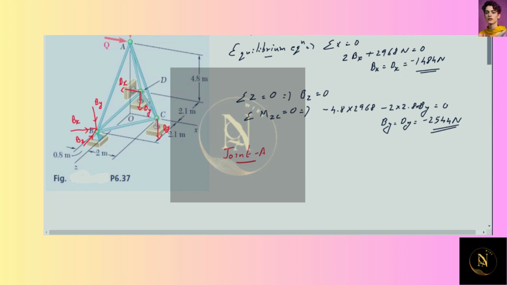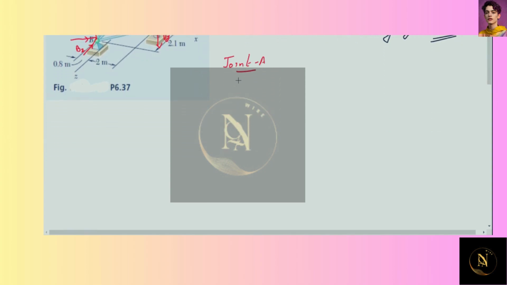Let's find the distances first. AB will be equal to root of minus 0.8 meter square plus 4.8 meter square plus 2.1 meter square.